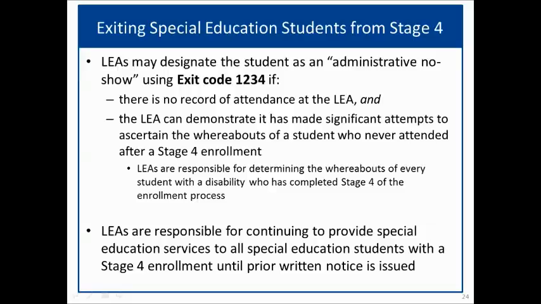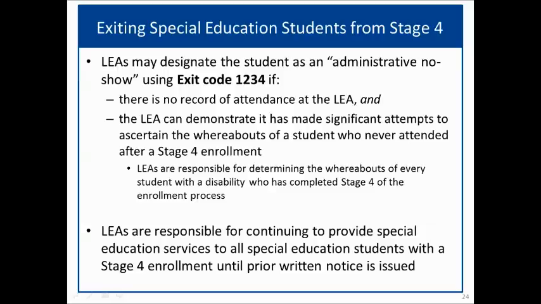So this is important because remember at stage 4, when you enroll the student, you assume responsibility for their services. And until that student goes on to another LEA, and OSSE can confirm that, the last LEA of enrollment maintains that responsibility. So LEAs are responsible to continue providing or making available special education services to all special education students with a stage 4 enrollment until prior written notice is issued.